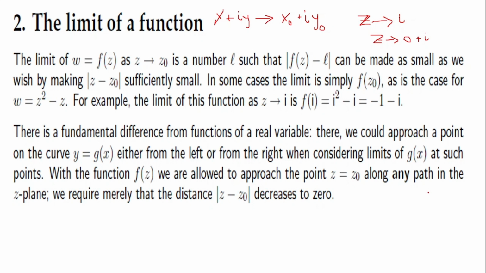It must not be from left or right. In the real world, we say the limit as it moves from the negative side or from the positive side. But in the case of a complex function, we approach it along a path, which can be horizontal, vertical, whatever. So along any path in the z plane, we require this distance to decrease to zero.